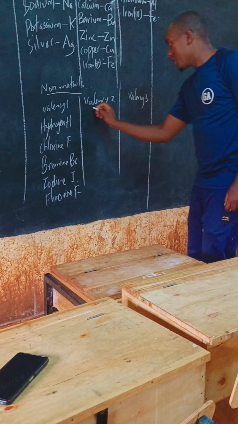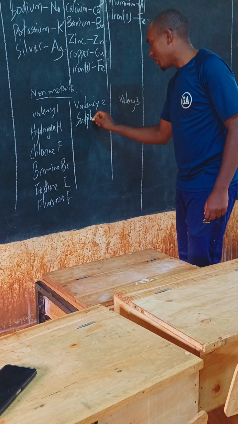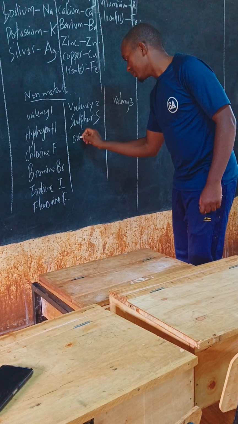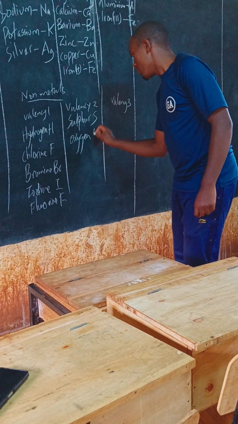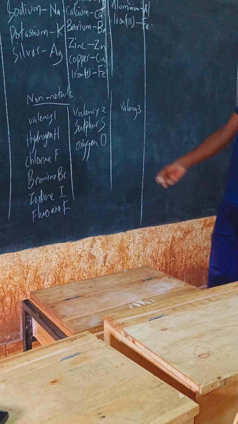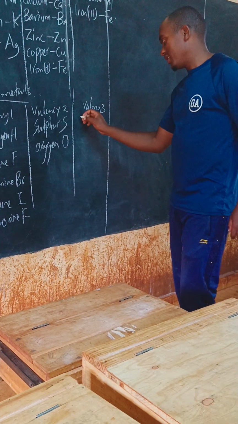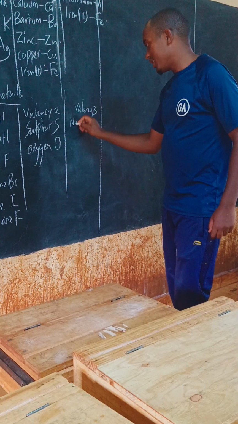Valency 2, we have sulfur. It gains 2 electrons, so S, and we have oxygen, O. Now, I'm writing the symbols of the elements alongside the name. And finally, in valence 3, we have usually nitrogen.